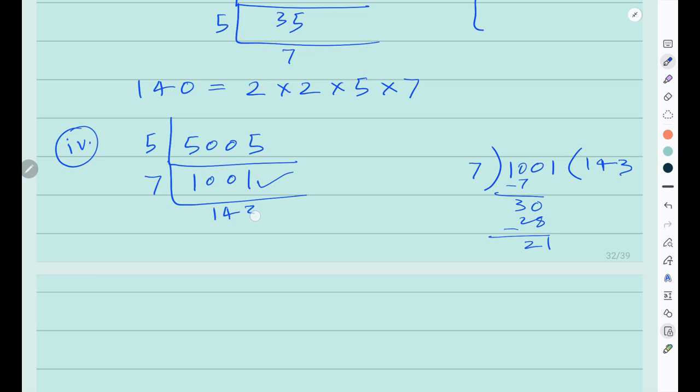Is there any other number by which we can divide 143? Yes, by 13 we can divide, and that will be 11. So 5005 broken down into prime factors is 5 into 7 into 13 into 11.